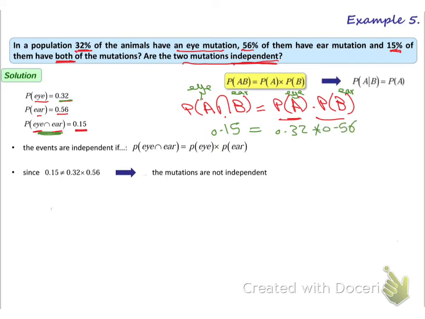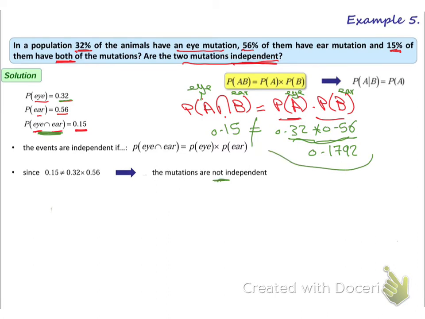Is it or not? Let us calculate on the calculator. 0.32 times 0.56 equals 0.1792. So they are not equal. If they are not equal, it means they are not independent.